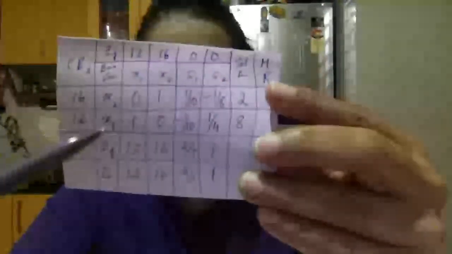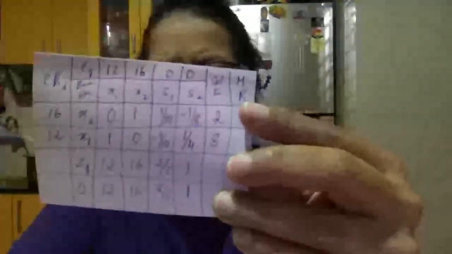X2 is 2, isn't it? 12 into x1 or 12 into 8 plus 16 into x2 or 16 into 2.